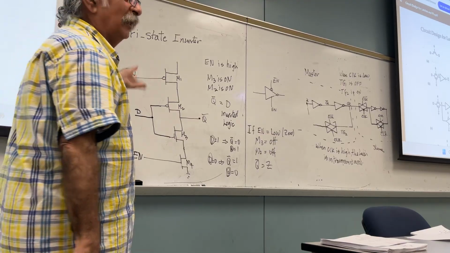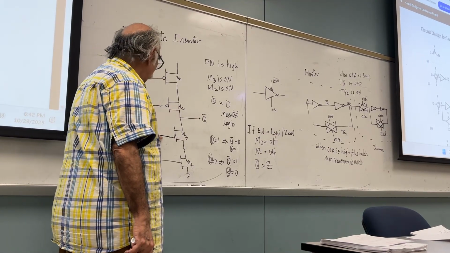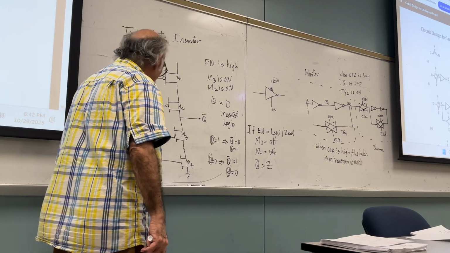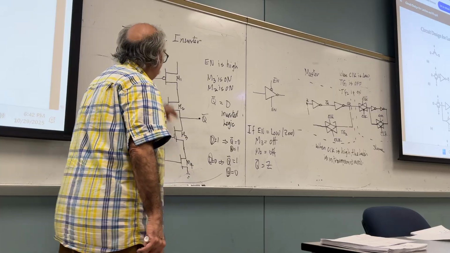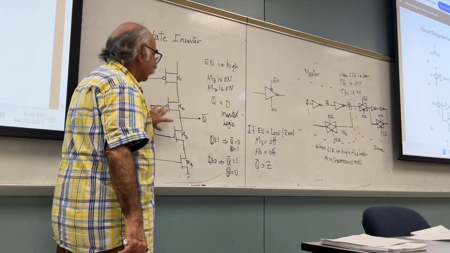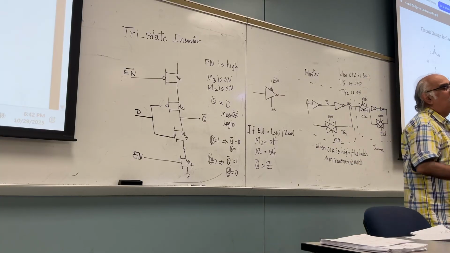In the previous one, the enable was here, the enable bar here, and these were connected together. Now I changed the enable to M4 and M1, but these are connected to D. Clear? Clear.